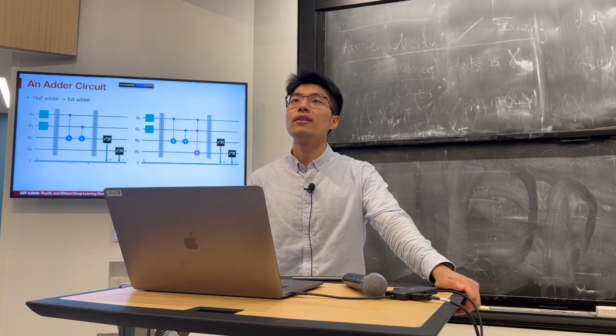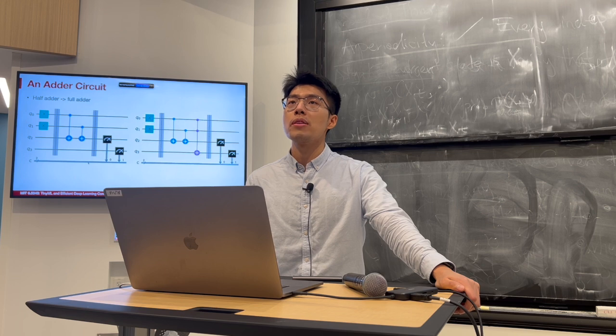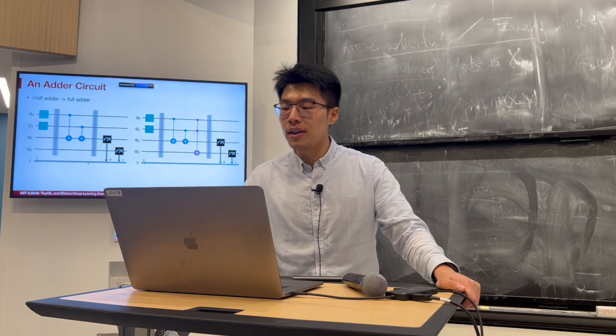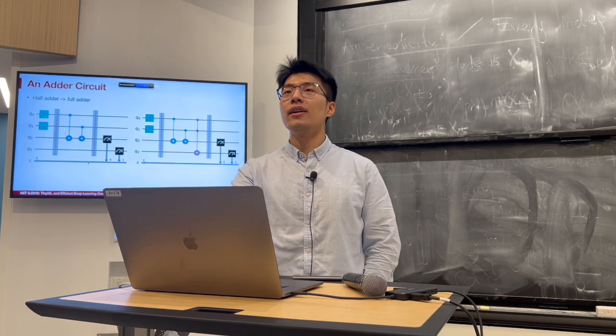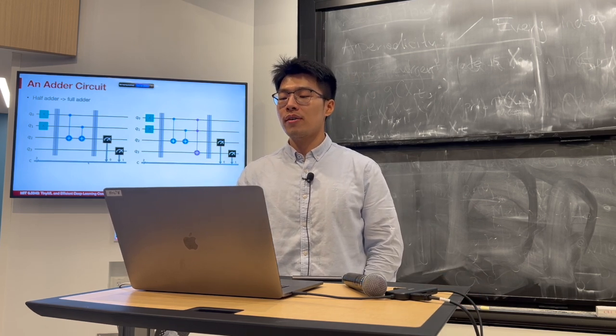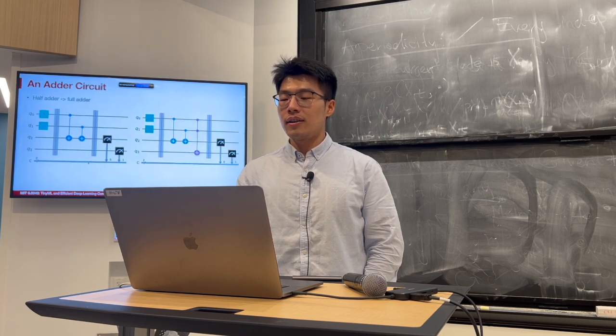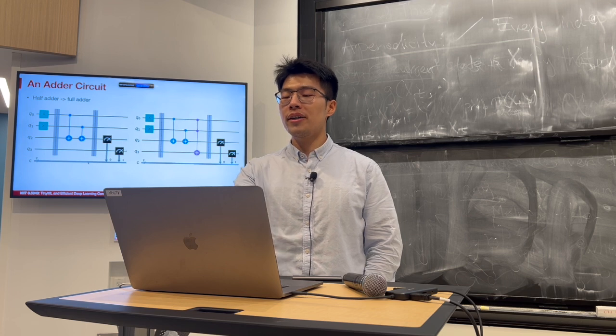Why do you need the green boxes? I know the blues are the CNOTs, but do you need the green boxes to properly add? So you mean the state here? Is that the initial state? Yeah, so here is the initial state.